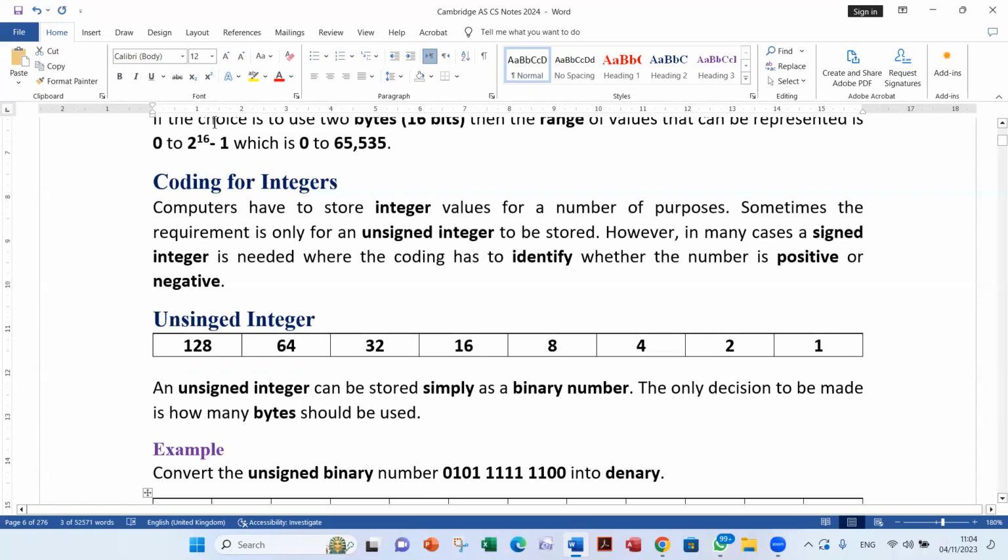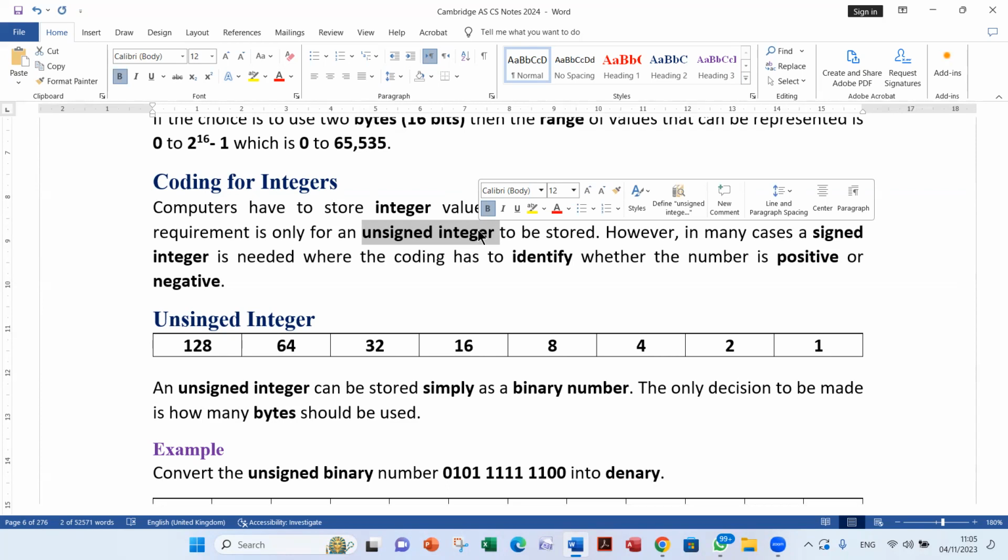Coding for integer. Computers have to store integer values for a number of purposes. Sometimes the requirement is only for unsigned integer. Sometimes you are only dealing with positive numbers, so just don't bother yourself about being positive or negative. They are all positive integers.